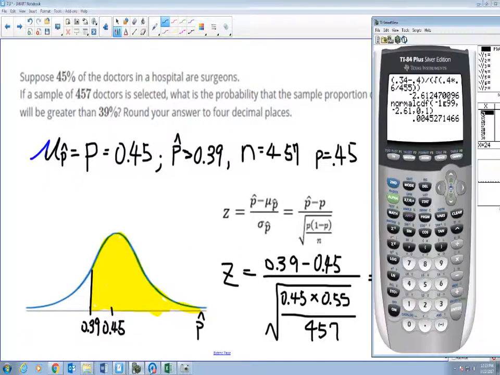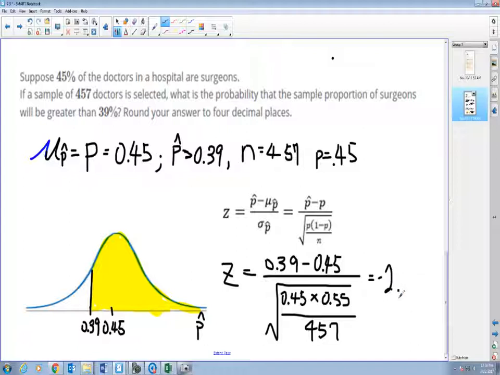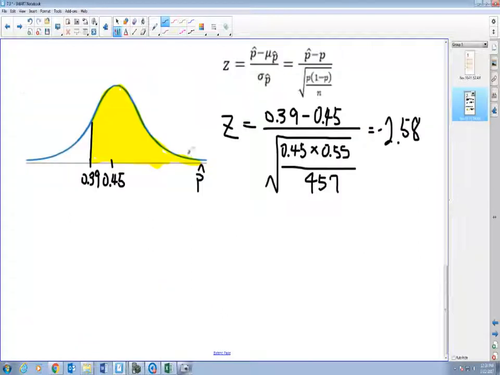Two decimal places. 0.39 minus 0.45 in parentheses, divided by open parenthesis again, square root of 0.45 times 0.55 divided by 457. Close two parentheses. Negative 2.58. Alright, so this z-score here is negative 2.58.